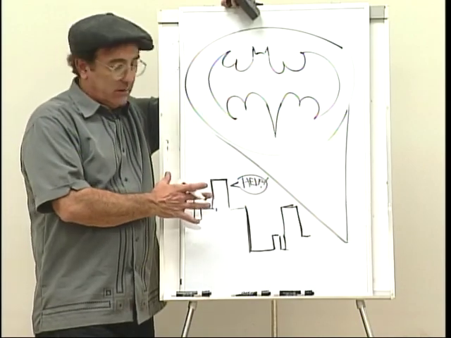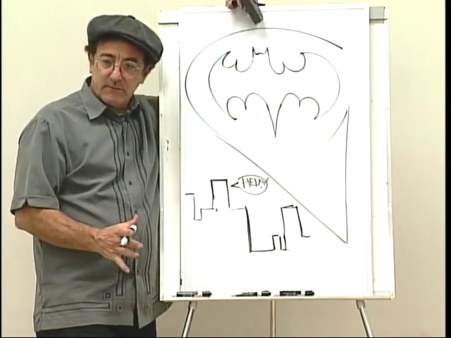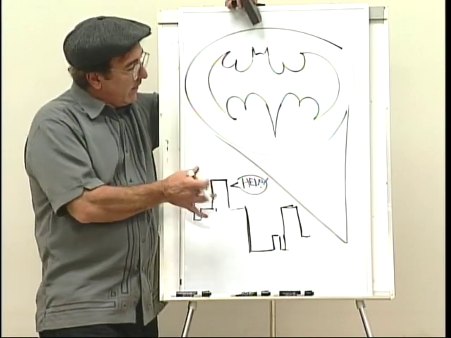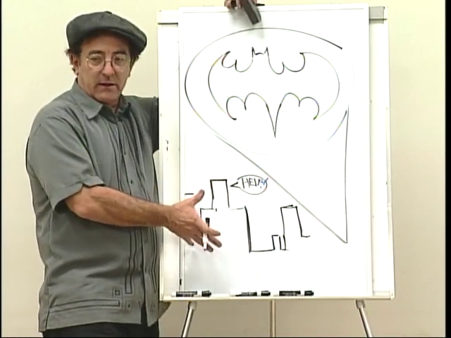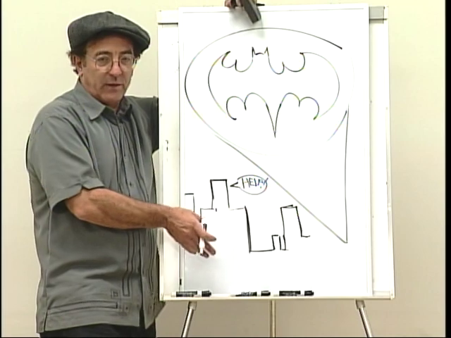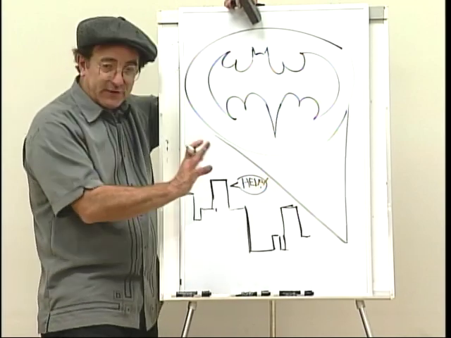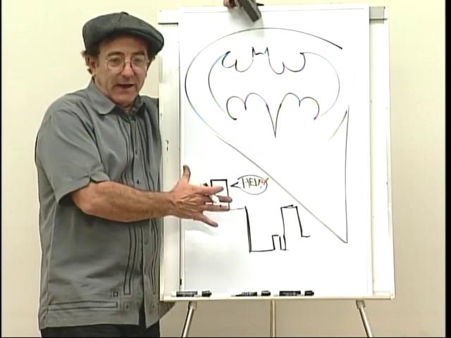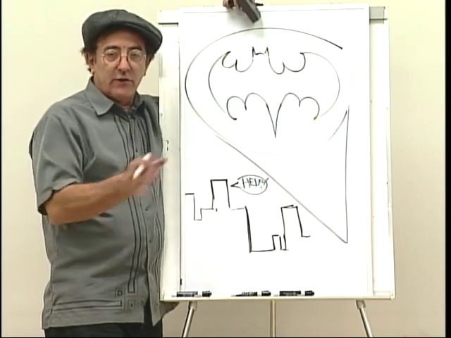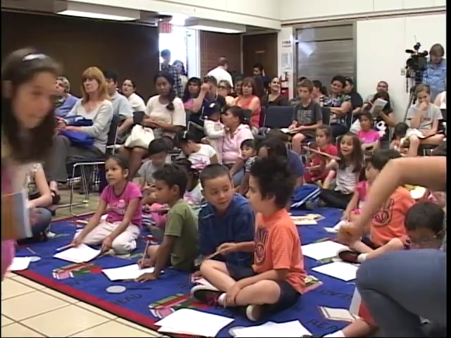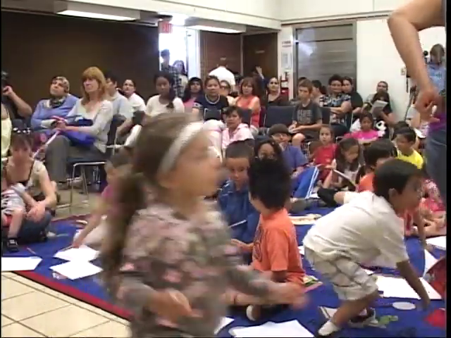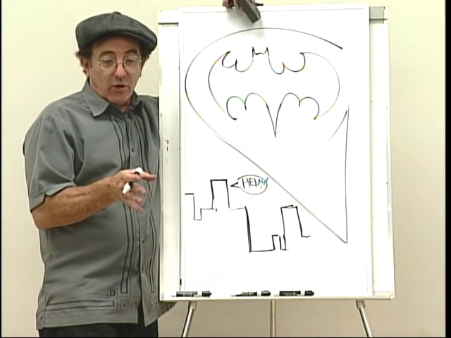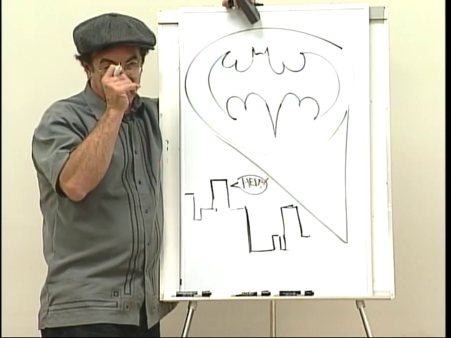Okay, so you have these characters. You create characters, you create a place where they live or where they do business in Gotham City, whatever the case may be. Now, you need to put a story behind it. Because characters are not just created just to be pretty and just to look fun. You put them in stories, and that's where the real fun begins.